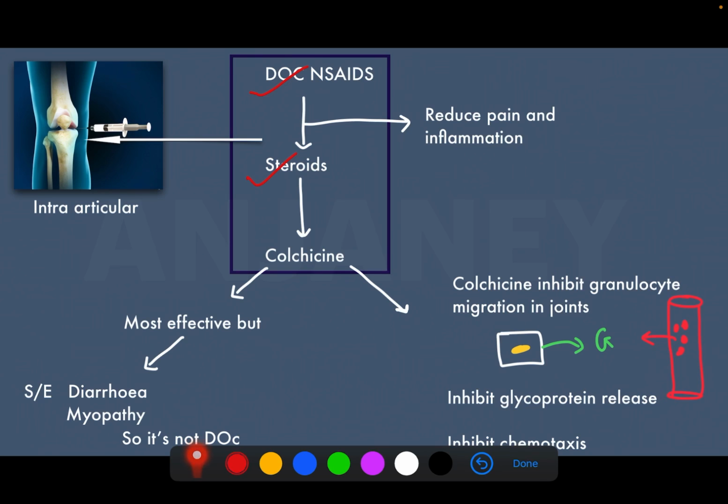But we have a drug like colchicine. What colchicine does is it will inhibit this glycoprotein release, so no neutrophil is going to come to your joint. So colchicine inhibits granulocyte migration, and if neutrophils won't come to the joint, then there will be absolutely no inflammation. So it is a higher step.